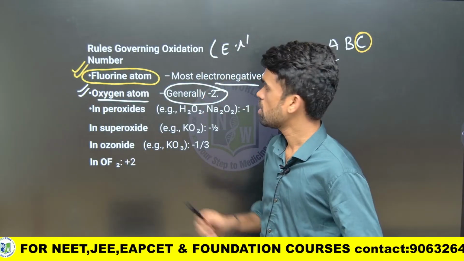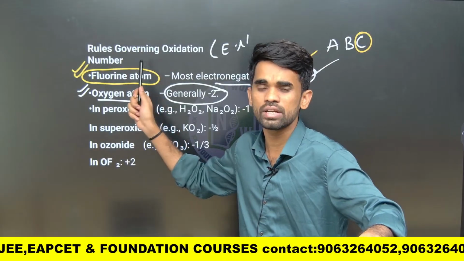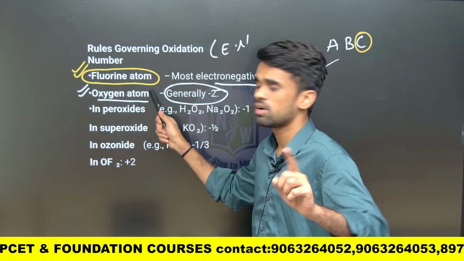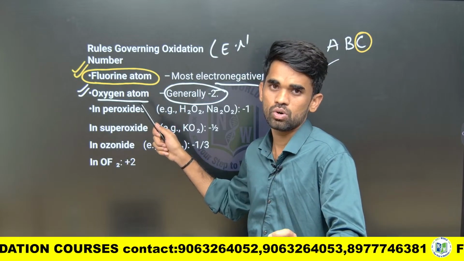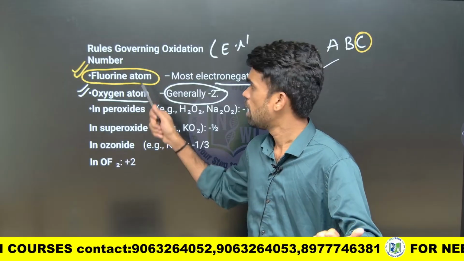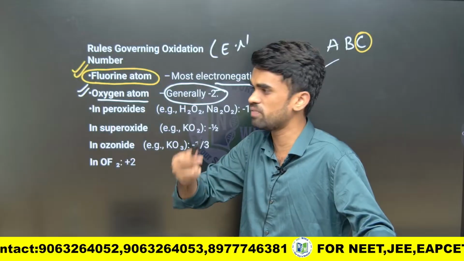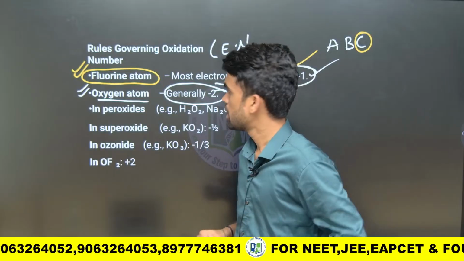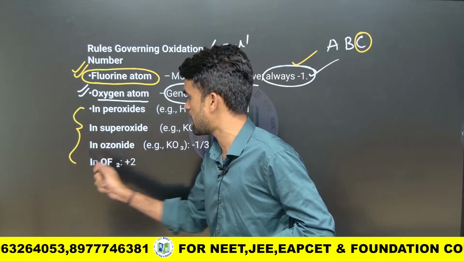So whenever oxygen is combined with any element other than fluorine, take the oxidation state with respect to oxygen as -2. Any element other than fluorine and also other than with itself, oxygen with itself.